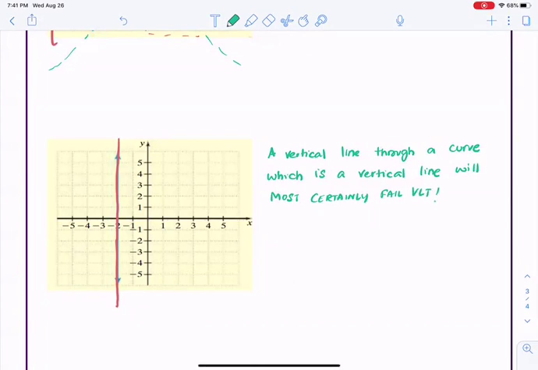It's so obvious. If you drew a vertical line through a vertical line, it is going to touch at every single point. So it is going to fail the vertical line test. So the relation is not a function.